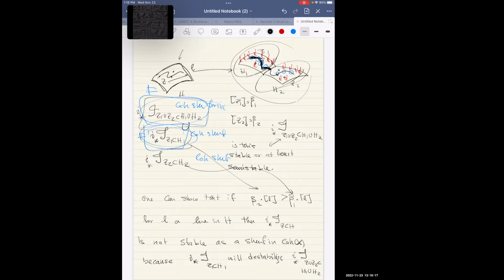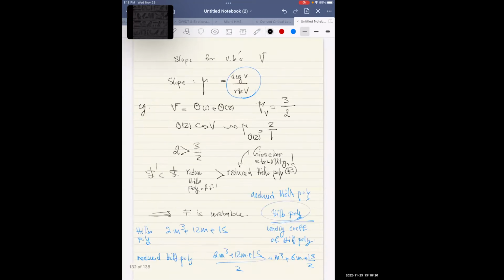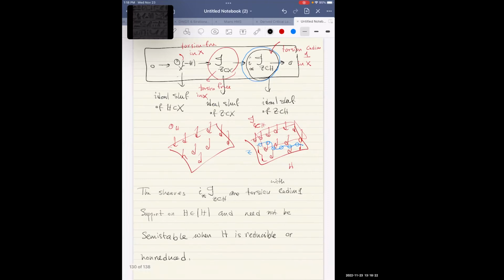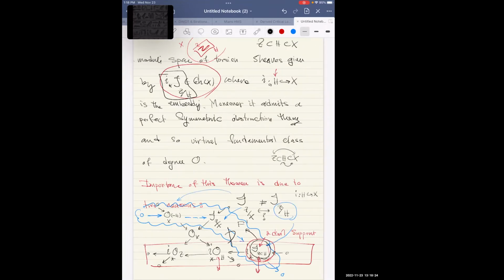We did discuss these exact sequences: if I look at the ideal sheaf of a system of curves and points on the surface, it sits inside the exact sequence below, and it's a torsion-free sheaf on the surface. But if you embed it into the ambient variety, because the surface is codimension 1, that sheaf will not be torsion-free in the ambient variety. It would be a torsion sheaf.